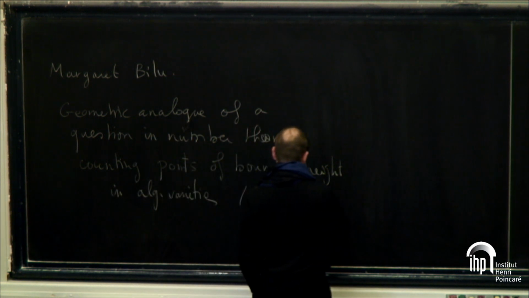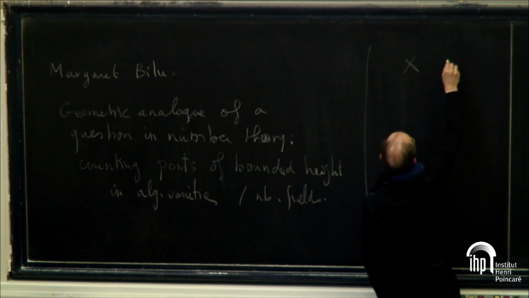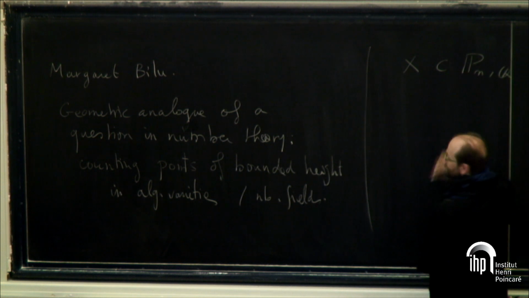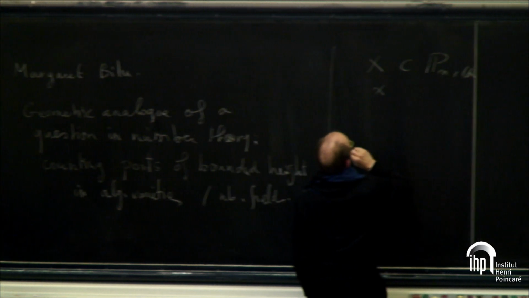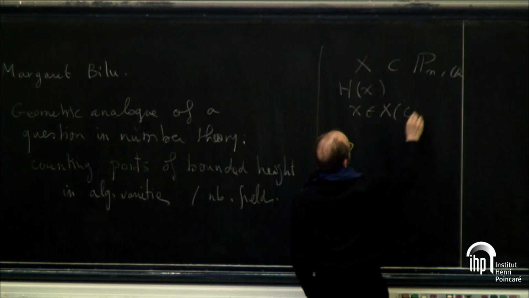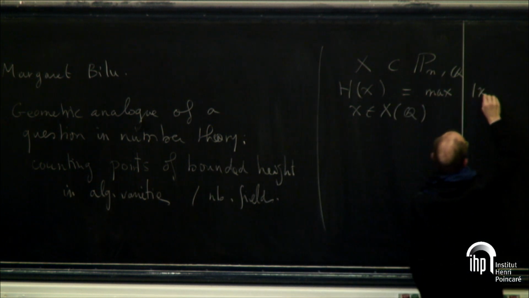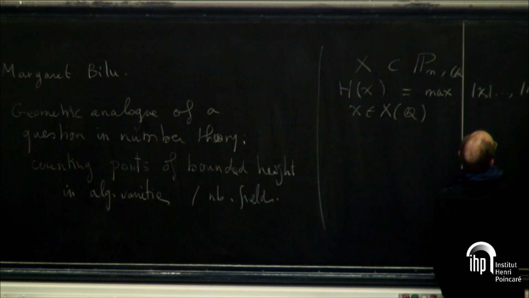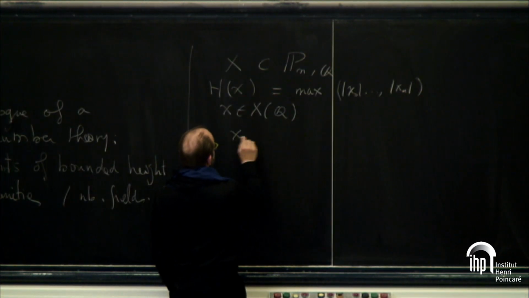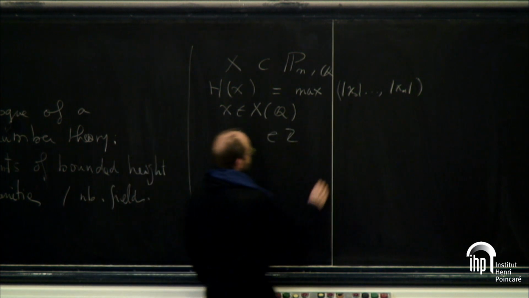Over number fields. To be specific, let's take a variety X in P^n, defined over the rationals, just to be simple, and define the height of a rational point of X. The height is just the maximum of the absolute values of the homogeneous coordinates, provided that the coordinates x_j are taken to be integers and coprime.